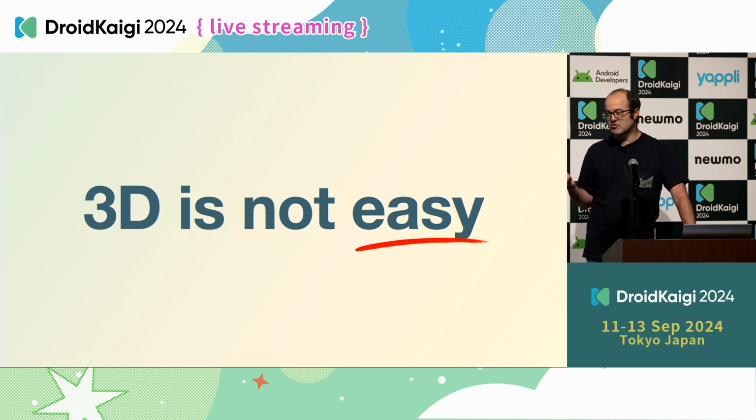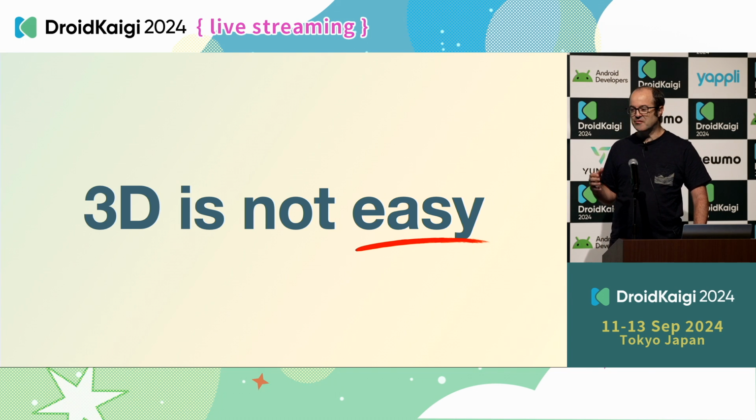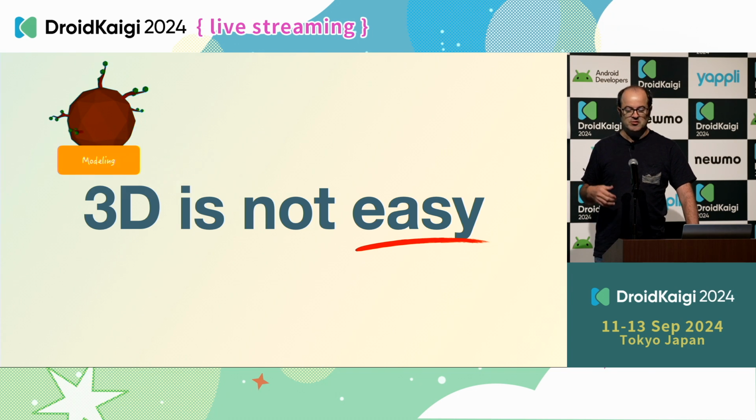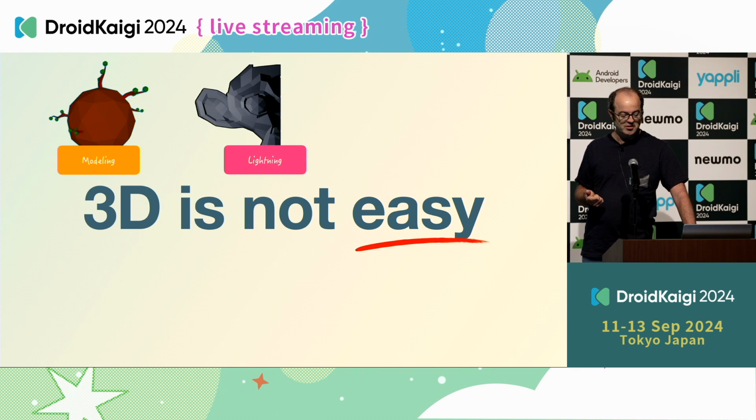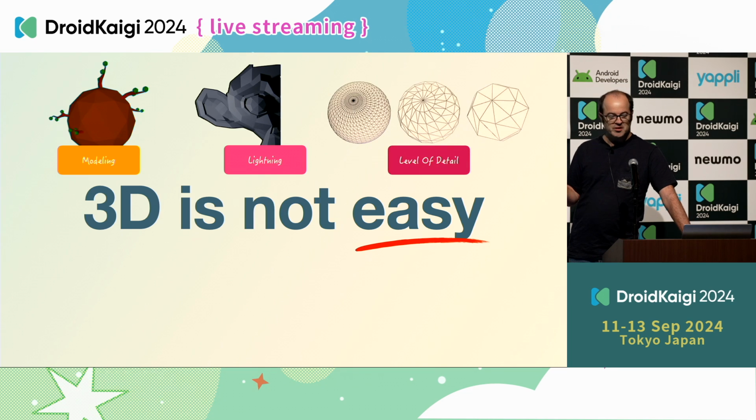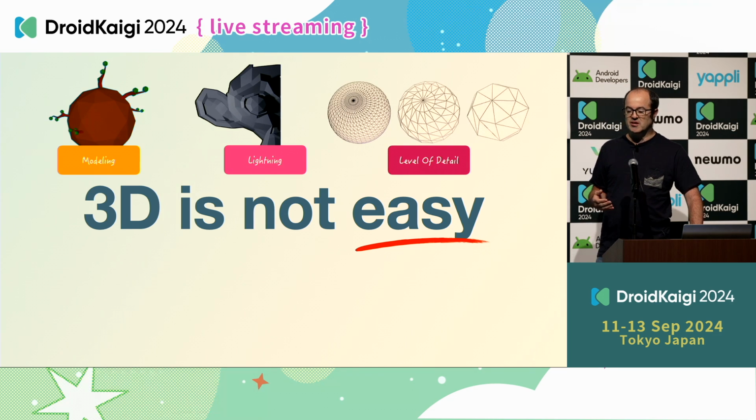But there is also another reason. It's not only a graphics API, because actually 3D is not easy. You need to be good at modeling, which is not my case. You need to manage lighting, which is not an easy issue. You have to manage different things in a game engine, like the level of detail. If something is very close to you, you want to draw a lot of triangles. If it's very far, you want few triangles.